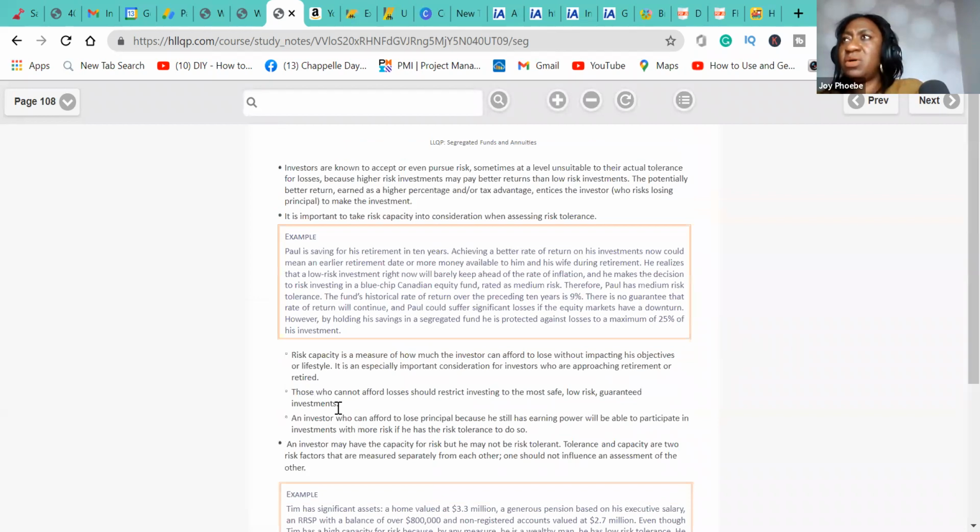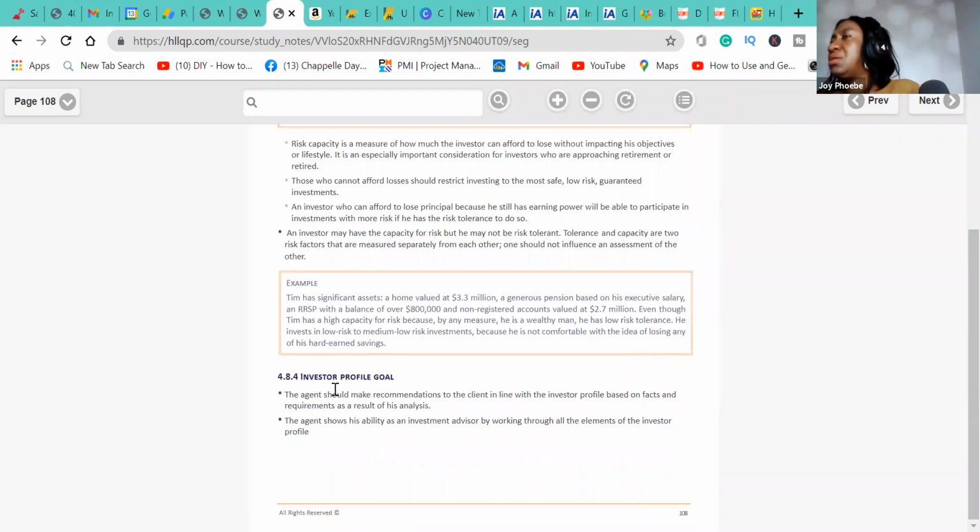When we do all this, the whole exercise of carrying out investor profiling has a goal. The goal is for us as agents to be able to make recommendations to our clients in line with the investor's profile based on the facts and their needs and requirements, not based on assumptions.